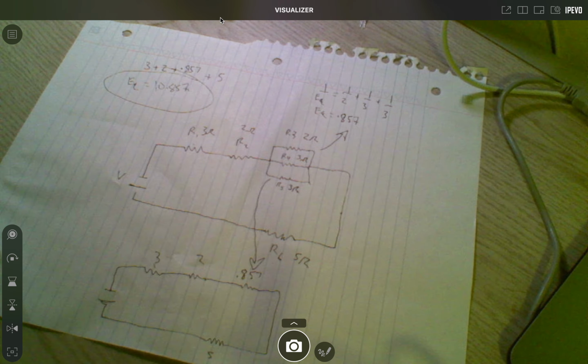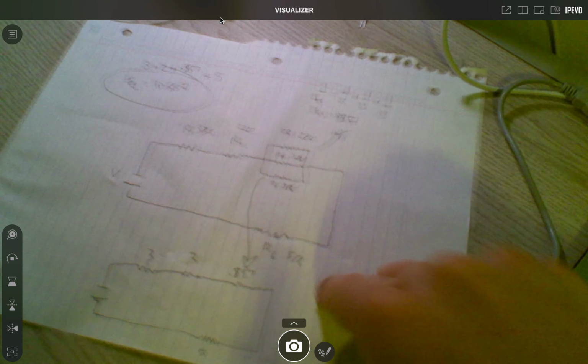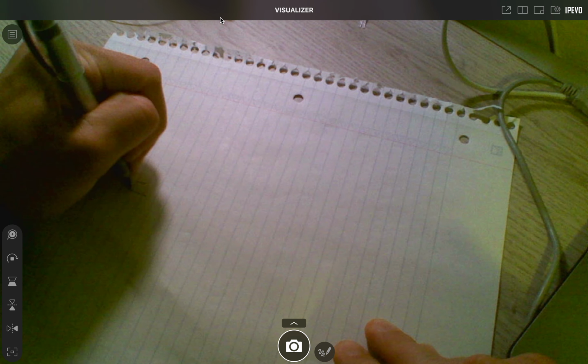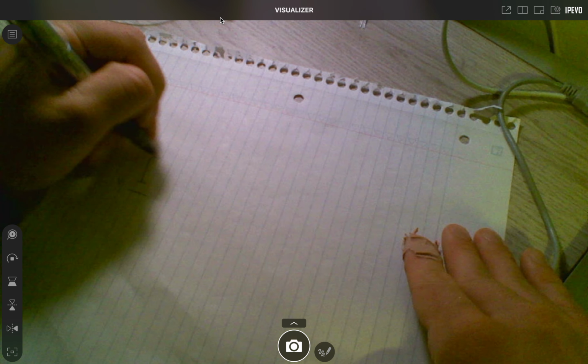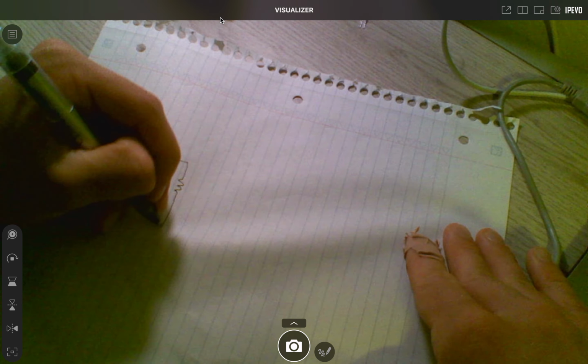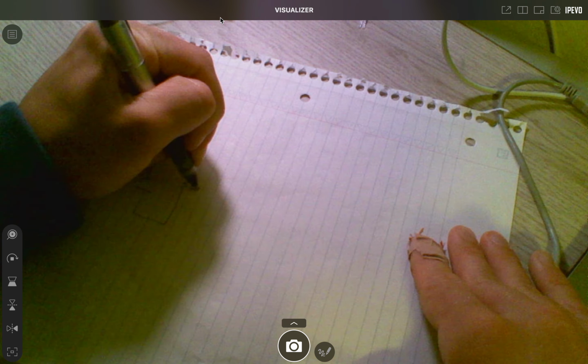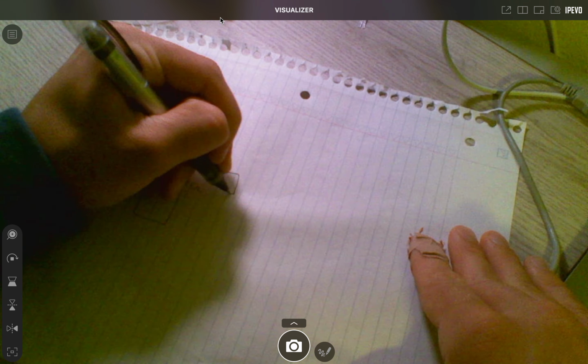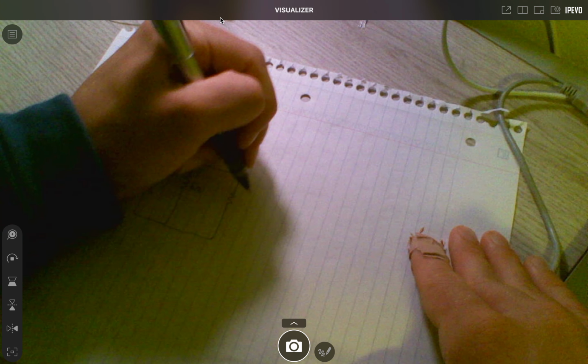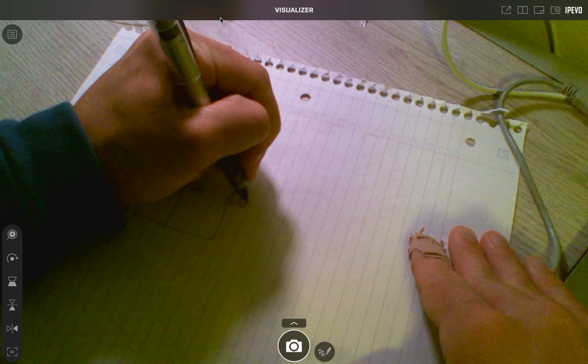So we'll do one that's slightly more advanced. We're going to go our volts, resistance 1, let's call this 5 ohms. Resistance 2, we're going to call this 3 ohms.